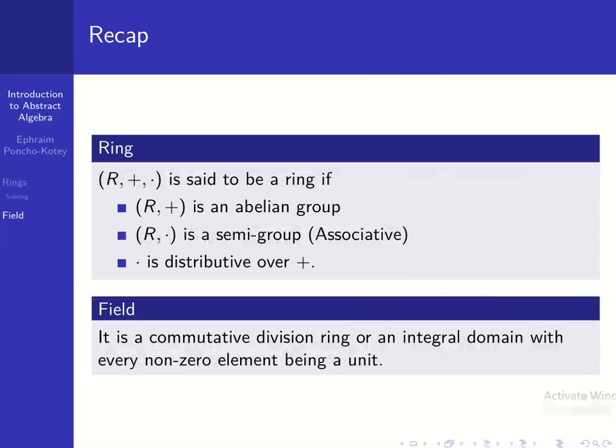Rings are just a set with 2 operations, plus and dot, such that R under plus is an abelian group, and R under dot is a semigroup that's associative, and multiplication is distributive over addition. Now, a field is a commutative division ring, or an integral domain where every non-zero element is a unit.